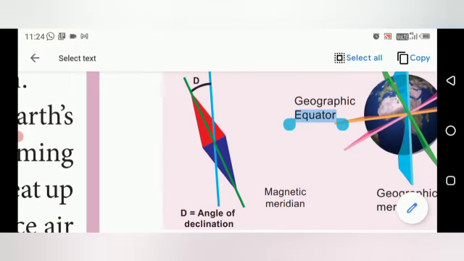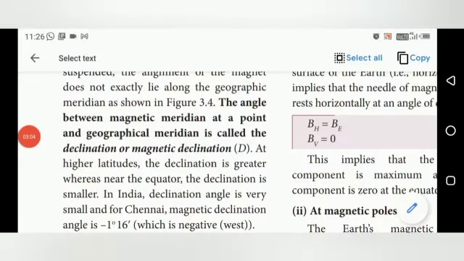Here the angle between these two, that is the geometric meridian and magnetic meridian, is called the angle of declination or magnetic declination. So this is the first element.